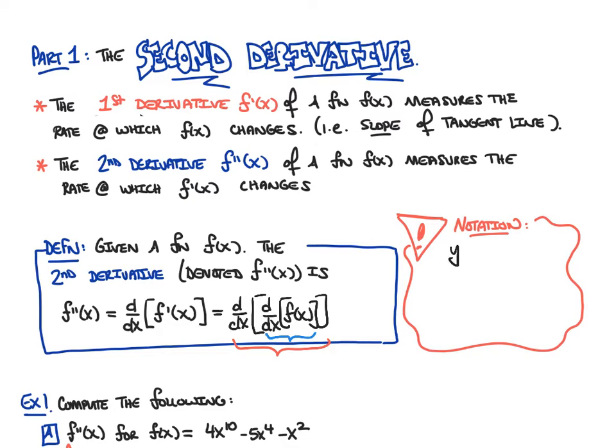If you have a function y equals f of x, we can identify the second derivative in a couple different ways. The first way, and the way that we'll use most, is f double prime of x. You could also see just y double prime. And you could also see this notation, d squared y over dx squared. What this says is that you're taking a second derivative of y with respect to x.